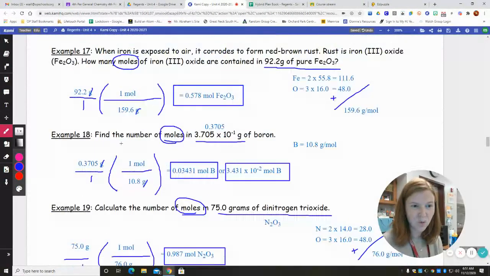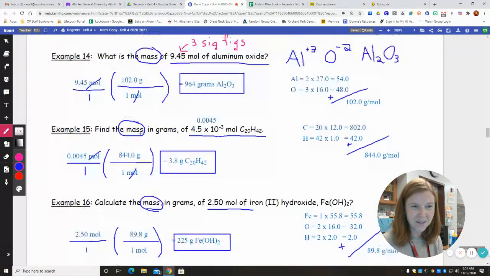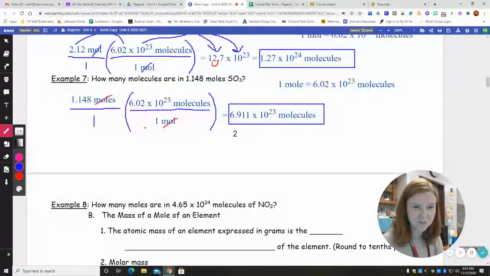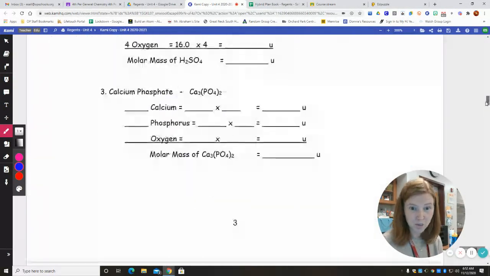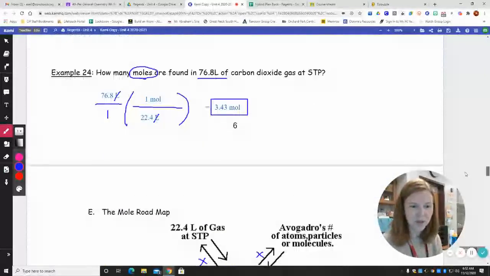If we're starting with moles, we are multiplying by the molar mass. If we're starting with moles, we are multiplying by 6.02 times 10 to the 23. So if you start with moles, you multiply, okay? You can also follow the units and it'll show you that you multiply.